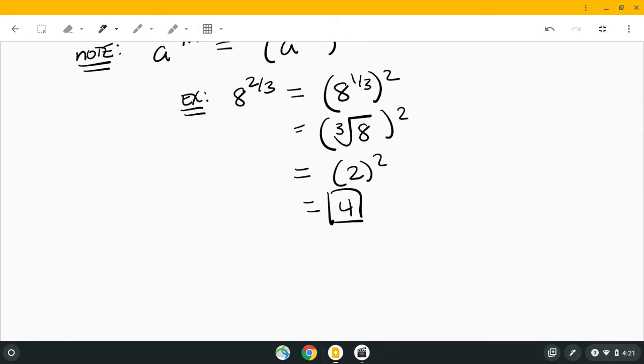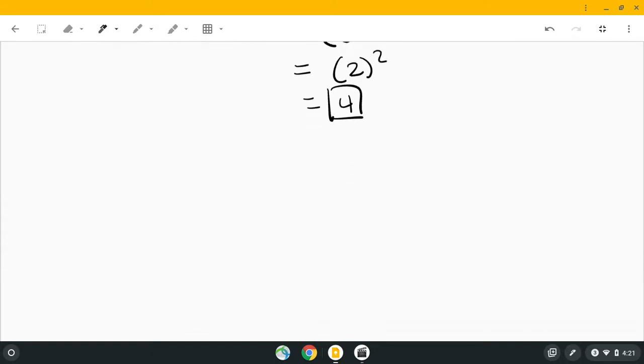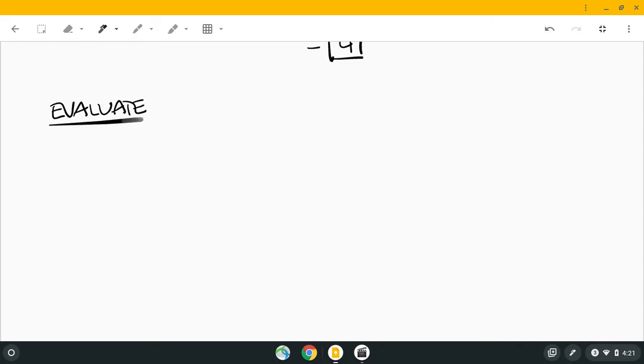All right, so let's go ahead and try some. So let's go ahead and evaluate these. Let's go ahead and try this one. 32 to the 2/5. Okay, so first of all, that's like the 5th root of 32, and then squared.